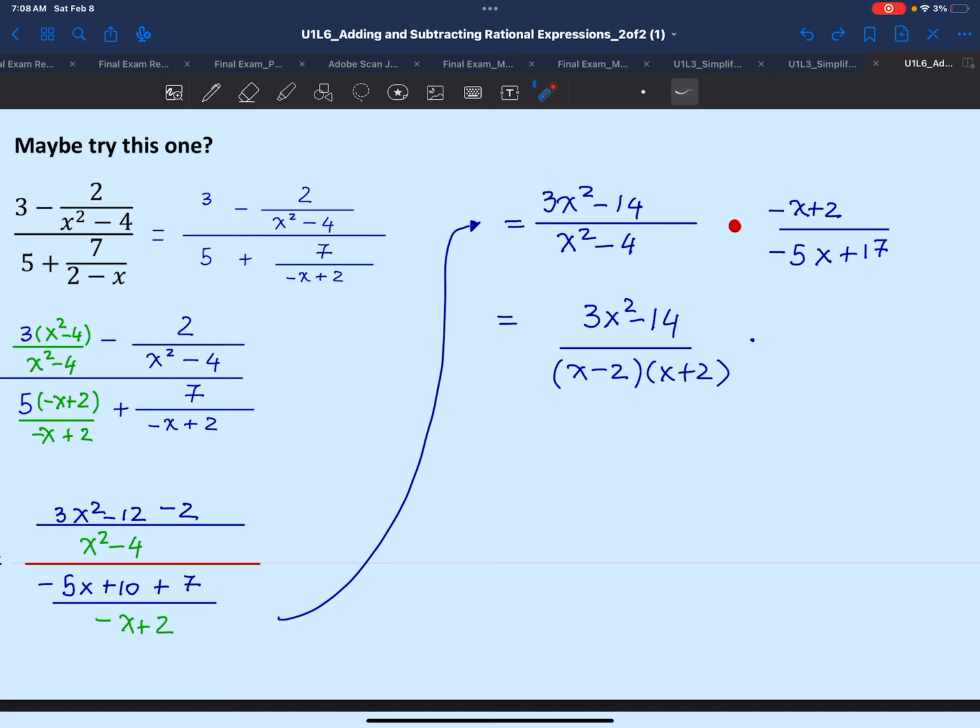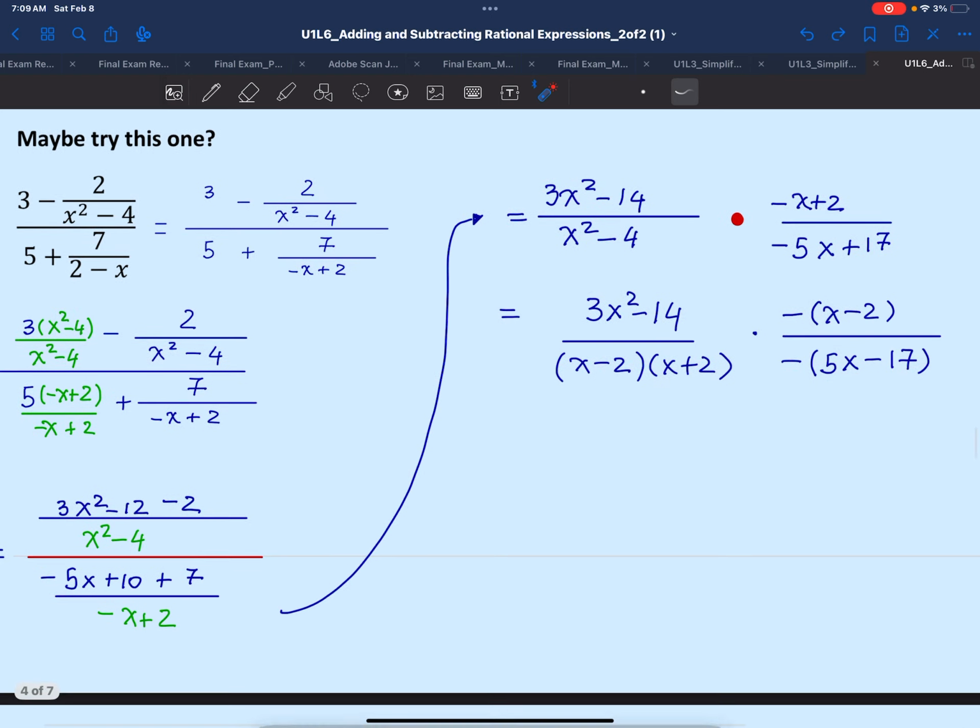And then multiplied by negative x plus 2, we're going to take out the negative coefficient because it belongs to the leading term, or the first term in the expression of the numerator, and we're going to do the same thing to this denominator. So negative will come out, and then in brackets we'll have 5x, and the positive 17 turns to a negative. Don't forget that.